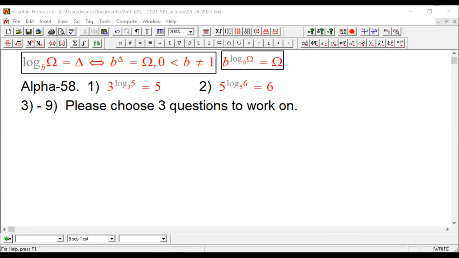You can put your answer on chat if you wish. Okay, we'll mark number 3 through number 9. What is the answer you get? And then we're going to attack the rest of the questions. Some of them are not so trivial.